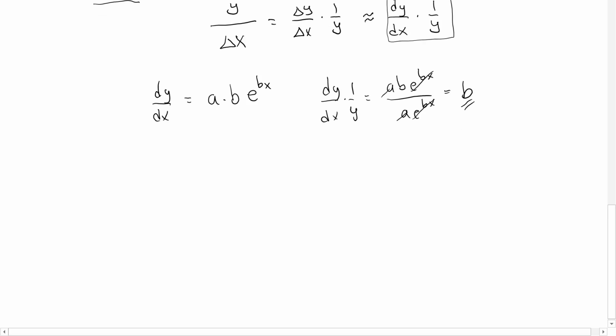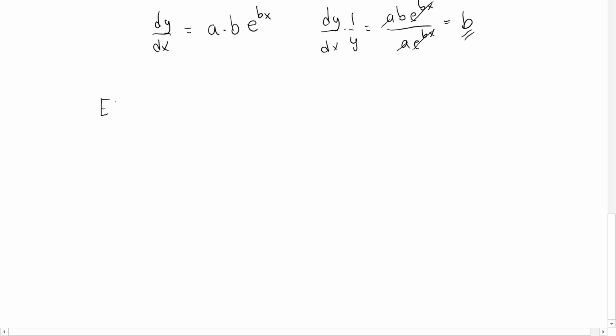Taking that to the regression model, the expected value of y given x is this exponential function, beta 1 e to the beta 2 x, and by exactly the same arguments, beta 2 is the derivative of E[y given x] with respect to x times 1 over y. Not y, of course; y in this example is the expected value of y. Again, just like in the log-log model, there's an alternative way of looking at this.